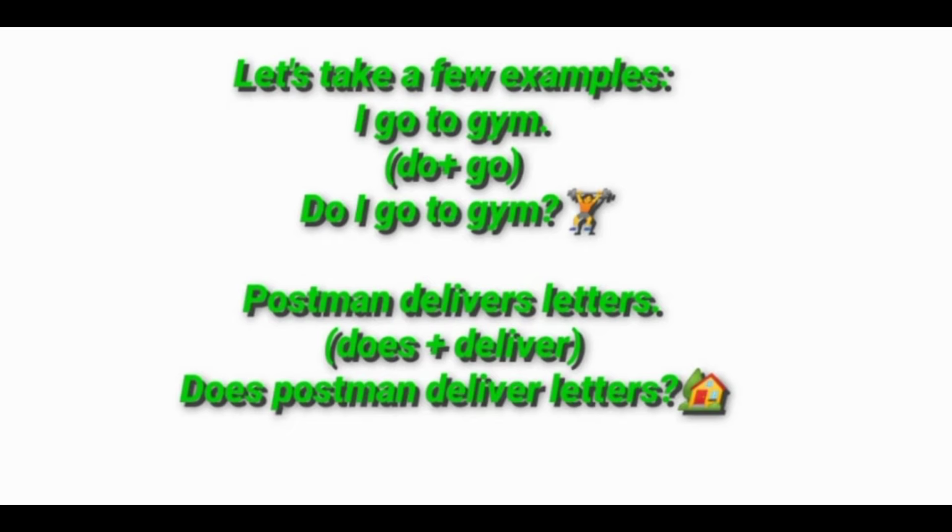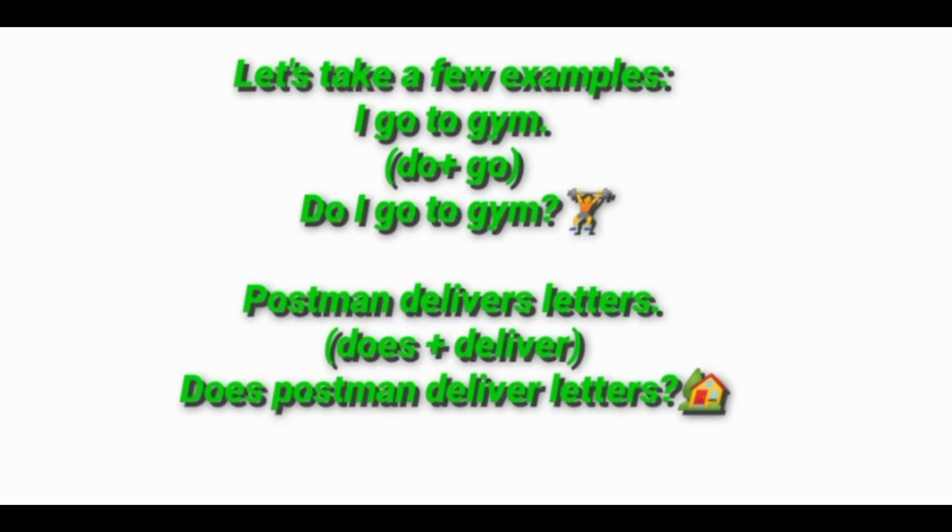First one is I go to gym. So here I is the subject, go is the main verb and to gym is the object. What we have already learnt, with I and we have to use do. One more thing we have to keep in our mind, that when we are using do, does and did to frame questions, we will not be using the verb form that is used with the subject.